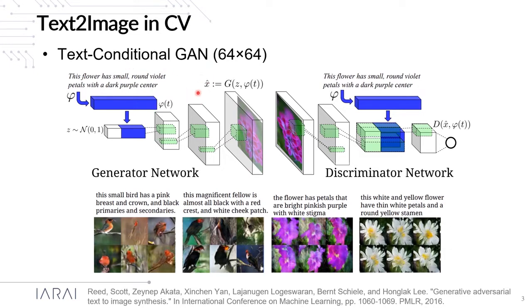The idea of this work is very straightforward: we have a GAN model and we use a generator to synthesize realistic images based on the given text features and aim to cheat the discriminator, while the discriminator on the other hand aims to distinguish whether the input image is real or fake.